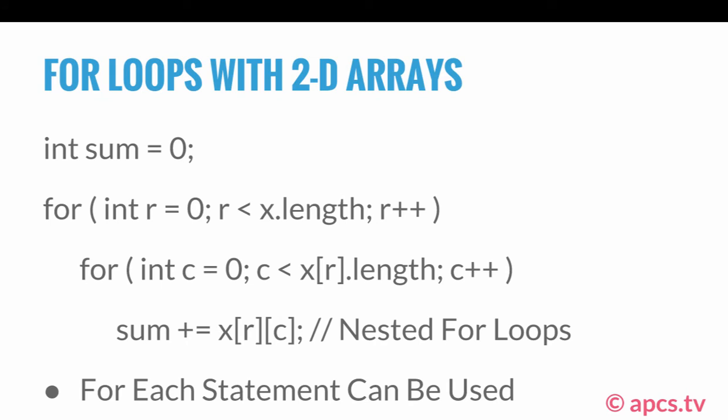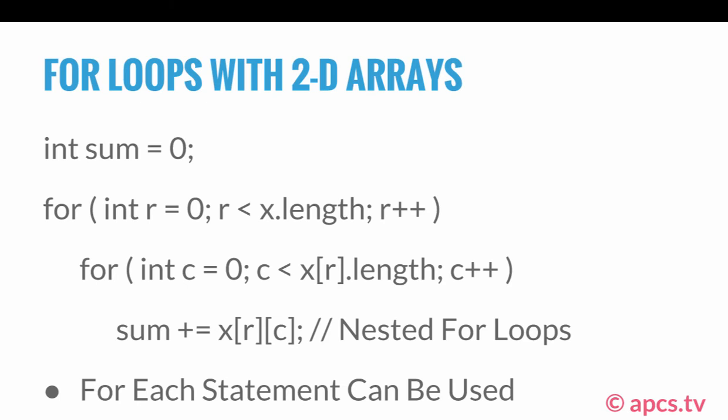So let's start off by declaring an integer variable sum, which is equal to 0. Now let's say that we want sum to be equal to the value of every single element in this two-dimensional array added together. So we'll go for int r equals 0, r is less than x.length, r++. Remember that x.length represents the number of rows.